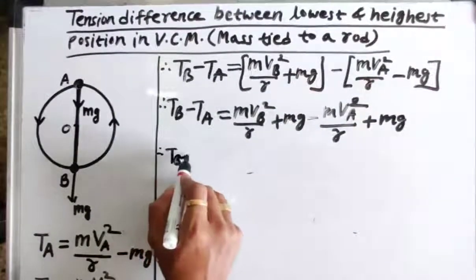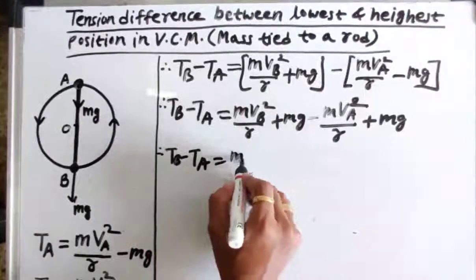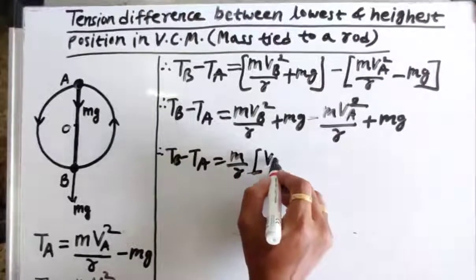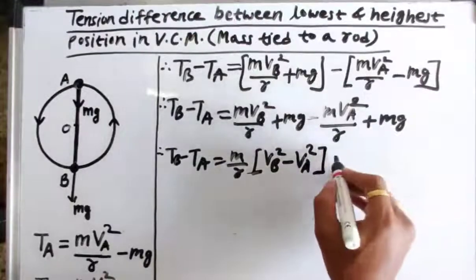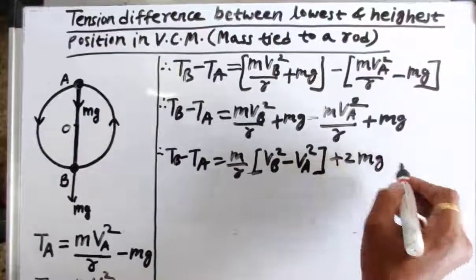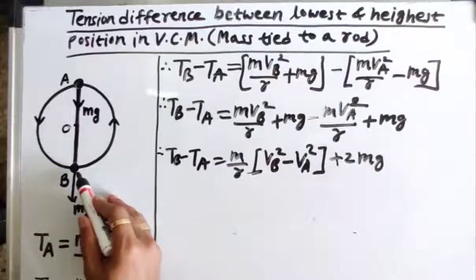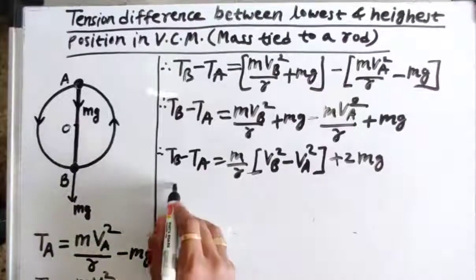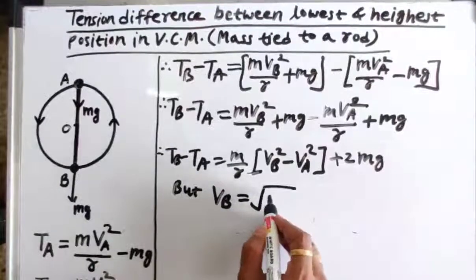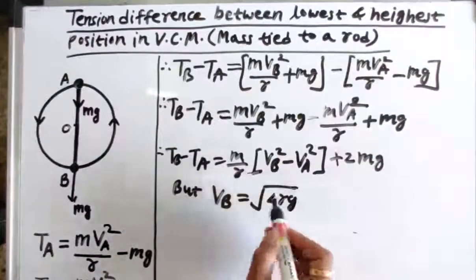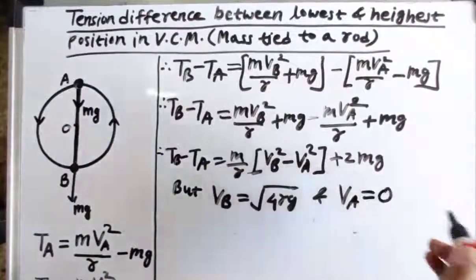Therefore, TB minus TA, taking m by r common from the first two terms, is m by r into bracket vB square minus vA square, plus 2mg. But we know that the velocity at the lowest position is root 4rg, whereas at the highest position we have taken the velocity at point A as 0.